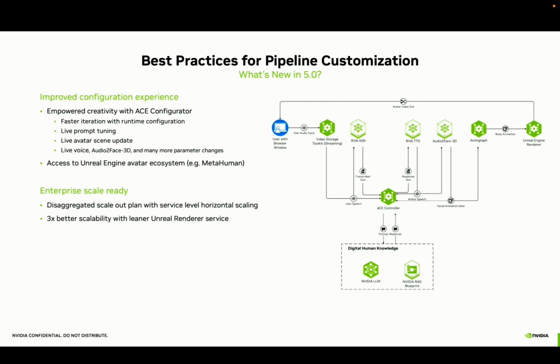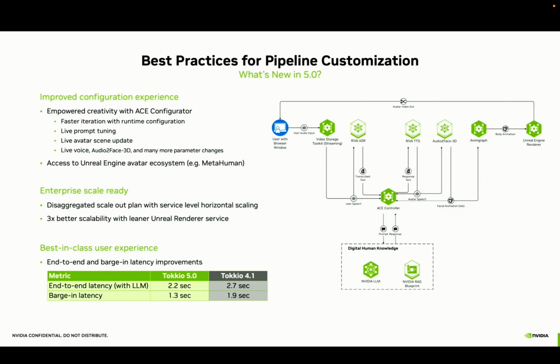So not only does the RAG live in its own blueprint, but we also have the individual NIMs like ASR, TTS, and audio to face, which can be deployed and scaled independently. And this, in addition to the Unreal Renderer, which is a raster hybrid rendering engine, performs much better in terms of scalability than what we used to have.